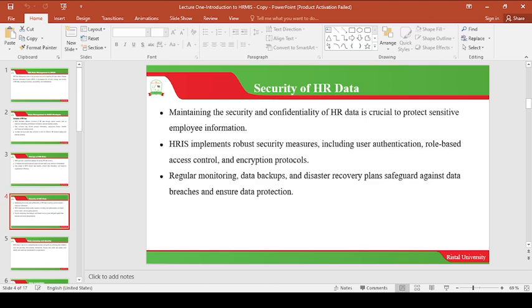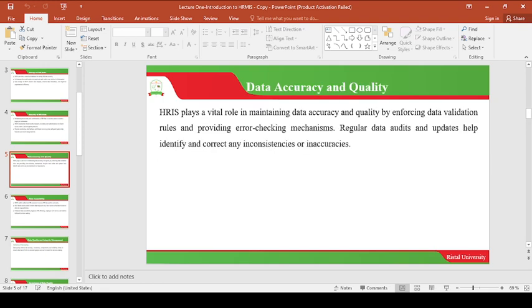The next strategy now is data accuracy and quality. The human resource information system plays a vital role in maintaining data accuracy and quality by enforcing data validation rules and providing error checking mechanisms. Regular data audits and updates help identify and correct any inconsistencies or inaccuracies.